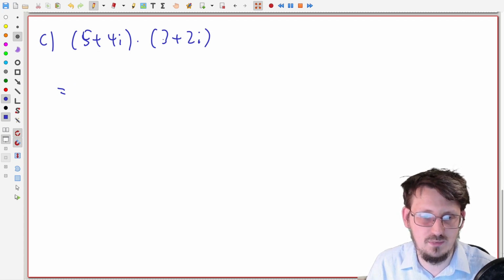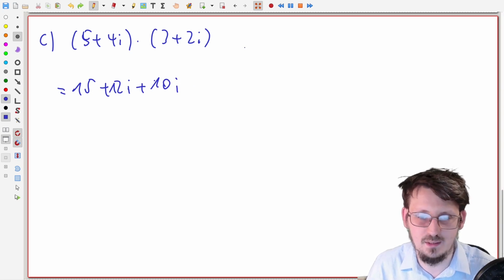So 5 times 3 we have to calculate, which is actually a 15. Then we have to calculate 4i times 3, which is 12i. Then we have to calculate 2i times 5, which would give 10i. And then we also have to multiply our 4i with 2i.